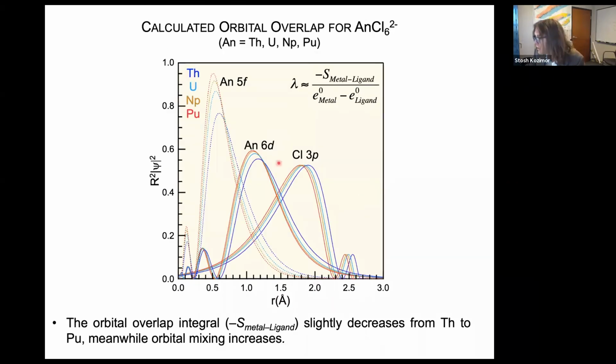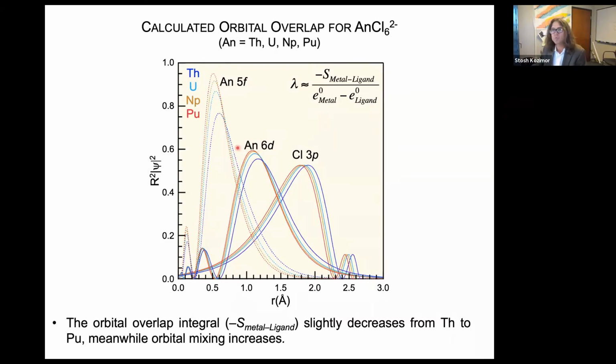This is another one of these plots that shows radial distribution of the orbitals versus distance from the nucleus. And I've got four traces on here. I've got thorium in blue, uranium in light blue, neptunium in this ugly brown, and then plutonium in red. And what you see is as you go across the series, thorium to plutonium, you're increasing the effective nuclear charge on that metal, and you're collapsing the valence d orbitals.